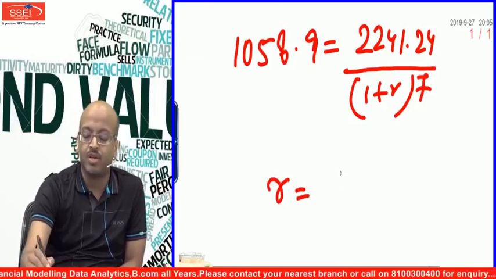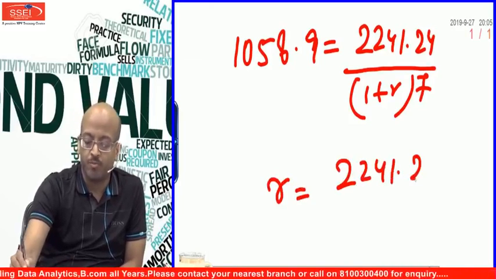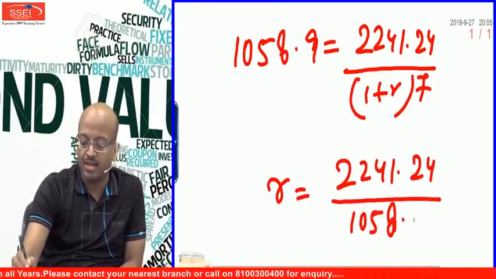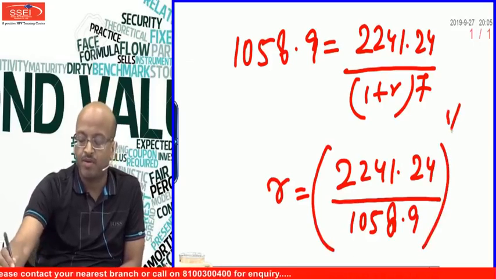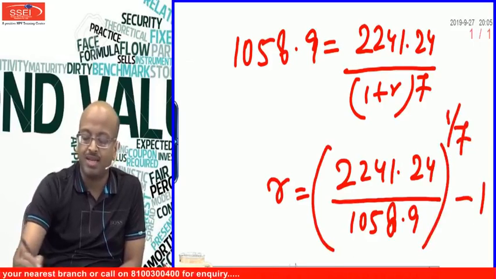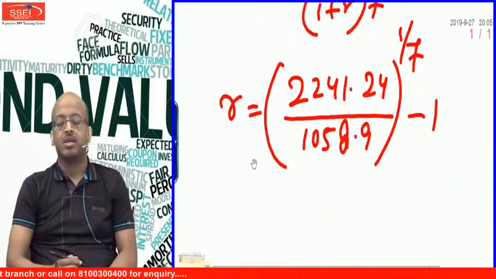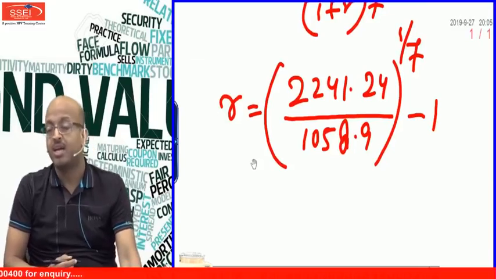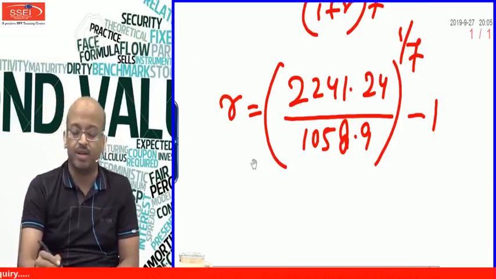So r is equal to 2241.24 divided by 1058.9, whole to the power 1 by 7, minus 1.